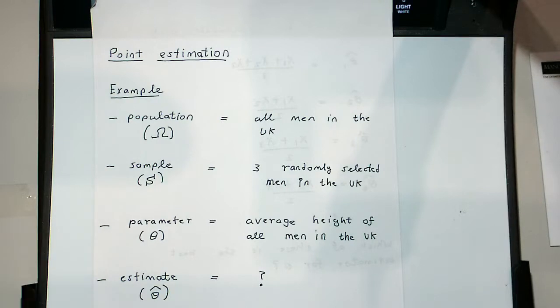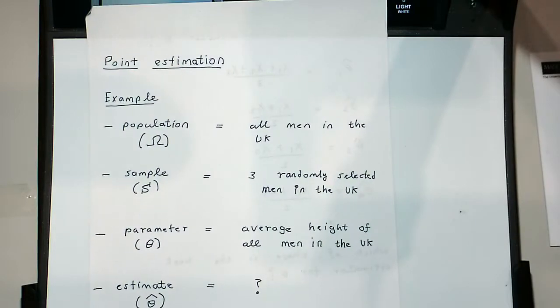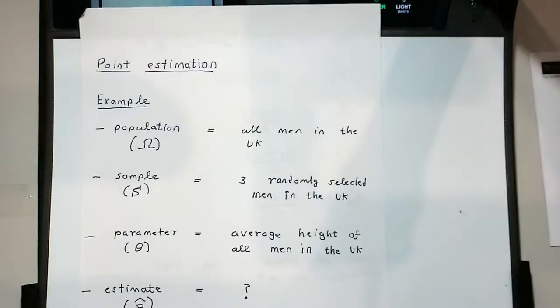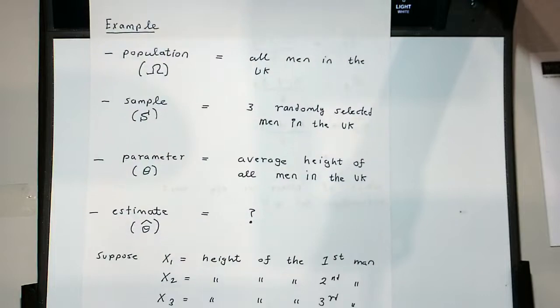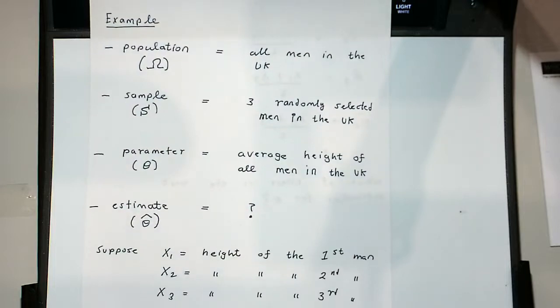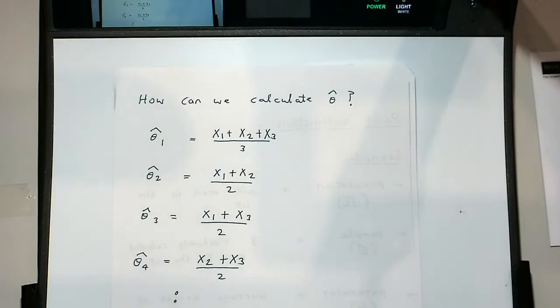Right? Now, suppose you have 3 data points, right? And so x1 denotes the height of the first man, x2 the height of the second man, and x3 denotes the height of the third man. Then there are many different ways you can estimate theta, right?